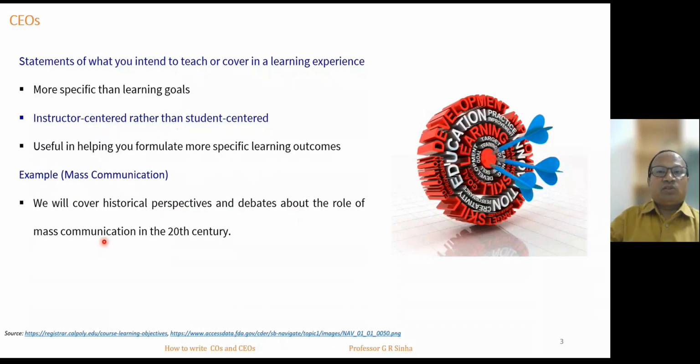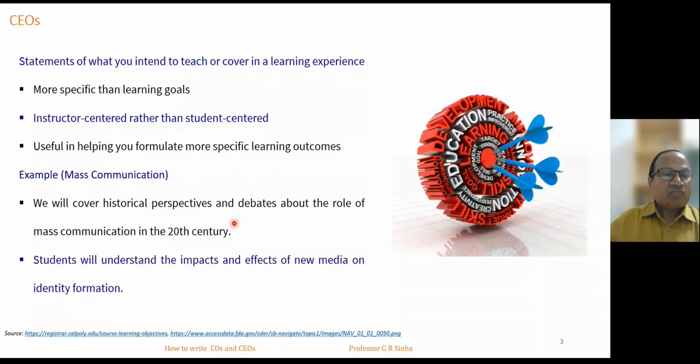So that is the objective, that the teacher is aiming to cover historical perspective and debates. When the course is completed, at that time we will see how much it was covered. That will be evaluated in terms of the outcome. But we are talking currently in terms of objectives.